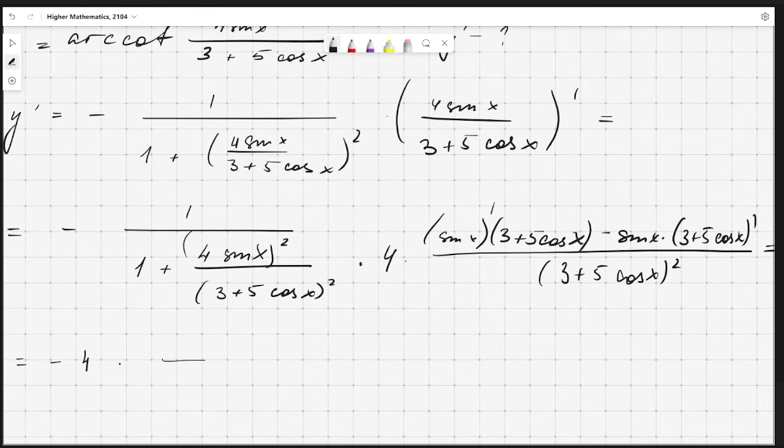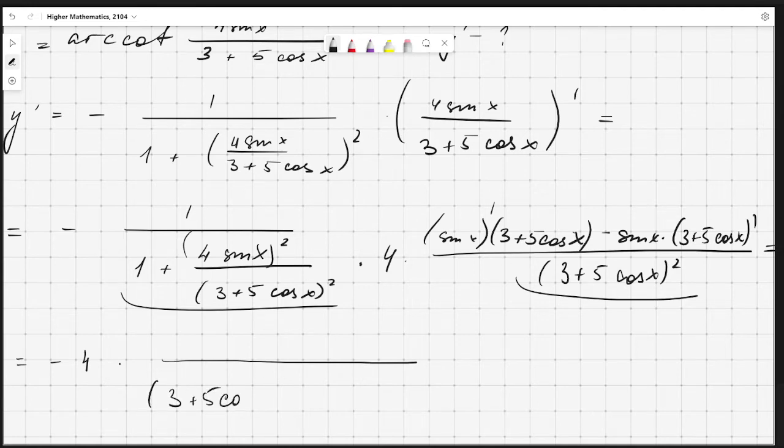Then multiply one denominator by the other denominator. We will have 3 plus 5 cosine of x squared times 4 sine of x squared. Okay.